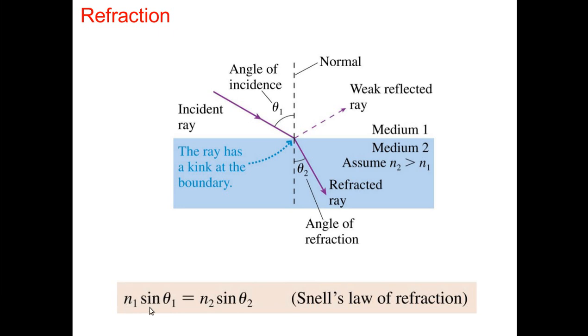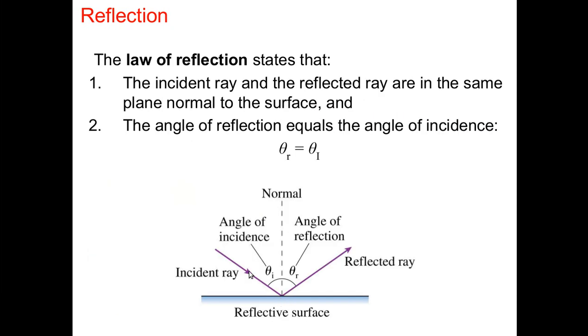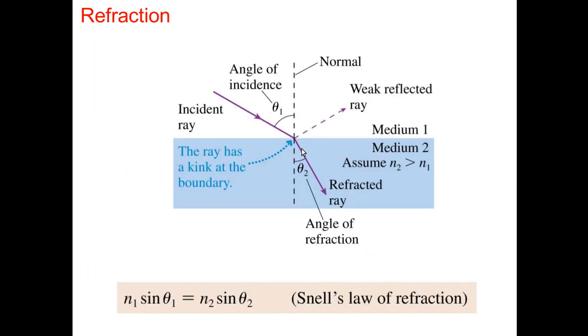You see the index, and then the incident angle, is equal to the index of refraction for medium 2, times the sine of the refracted angle. So this is Snell's law of refraction. So our nice easy formula is for reflection, and then Snell's law, this kind of more complicated looking equation, is for refraction.